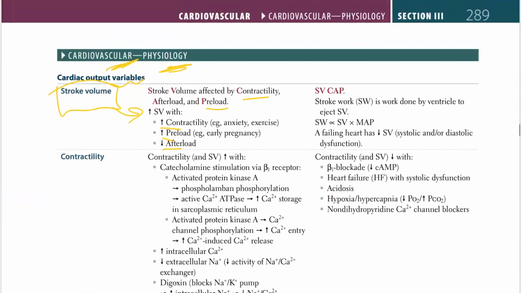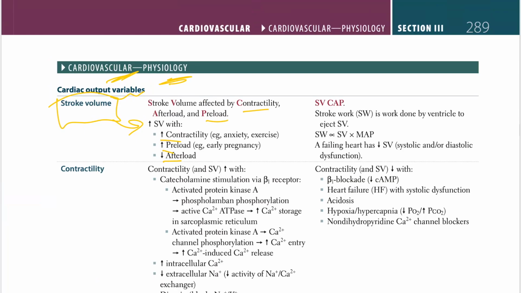So let's look back here. What is increasing the blood pushing out of the left ventricle? An increase in contractility. It's simple. And where do we see increased contractility? Anxiety, exercise. When you have more contraction, more blood goes from your left ventricle into your aorta. The same goes for preload: the more blood comes into the left ventricle, the more goes out.